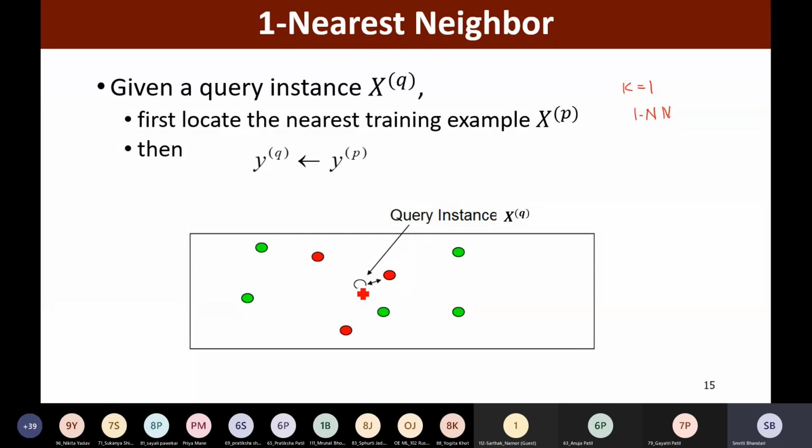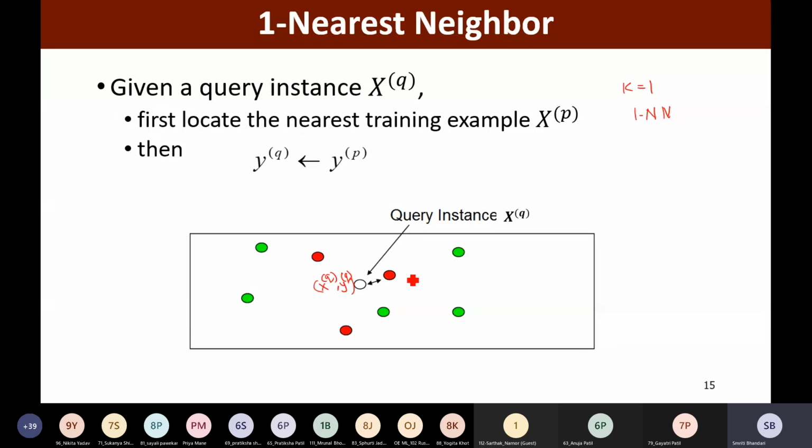If it is 1NN, then we are going to find the 1 nearest training example. If we look at this space, it is possible to identify that this red sample is closest to xq. And that is why, if this sample is closest to xq and we want to predict yq, then yq will be predicted as the class label of this sample.